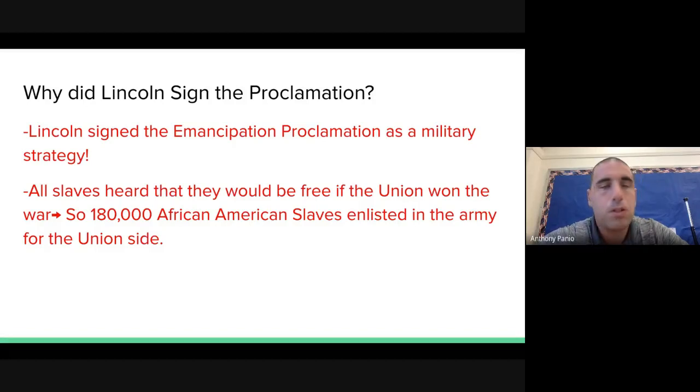So what happens? 180,000 African American slaves enlisted in the army on the Union side, and they literally went to fight for their freedom. And these soldiers were excellent fighters because they were fighting for a cause they truly believed in, and they really helped. So this was signed January 1st, 1863.